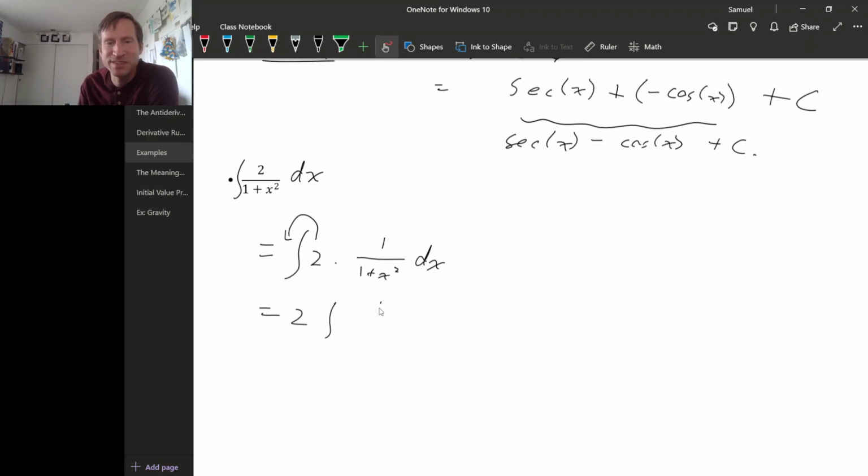So we get 2 times the antiderivative of 1 over 1 plus x squared. Now we're looking for a function whose derivative is 1 over 1 plus x squared, and we know a function whose derivative is 1 over 1 plus x squared, and that's arctangent, or inverse tangent. All right, and now that we found one antiderivative, we can just add an arbitrary constant to get the rest of them.